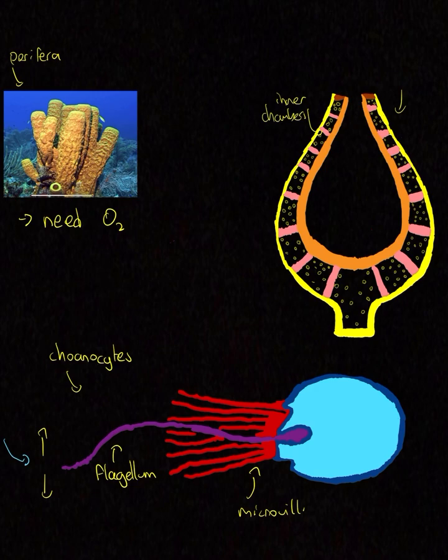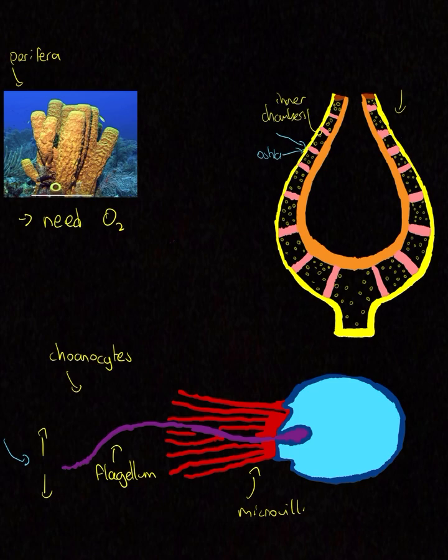The water current, drawn in by the choanocytes, will enter through this opening here called the ostia. It's a small pore in the covering, and the water can enter through the ostia at a controlled rate.